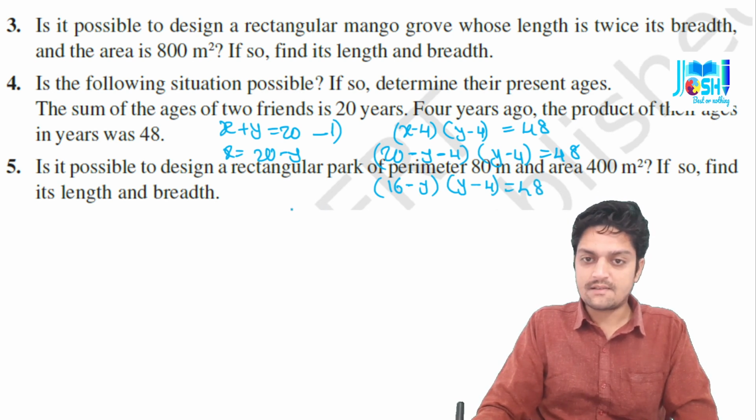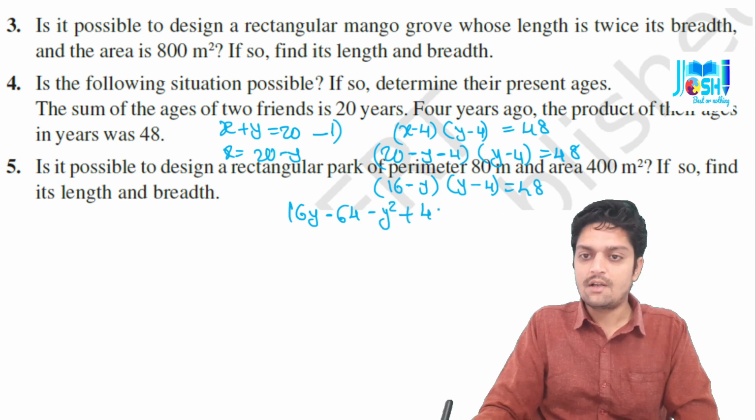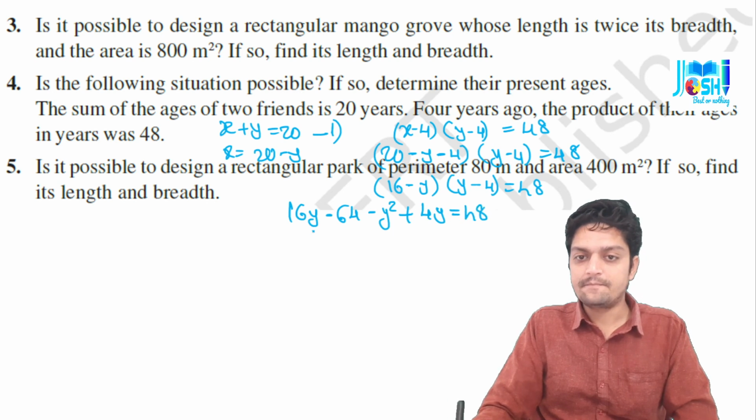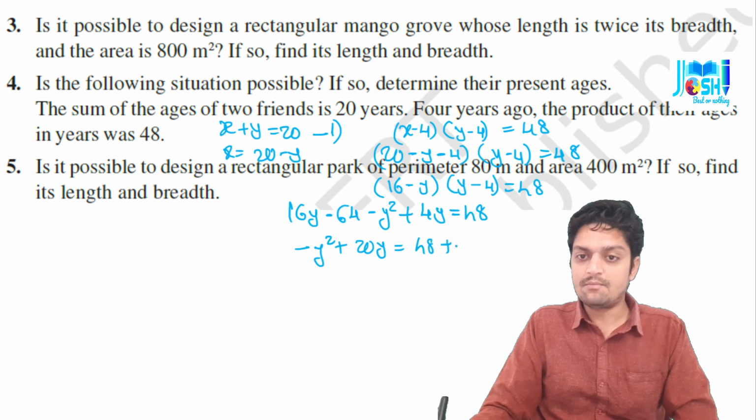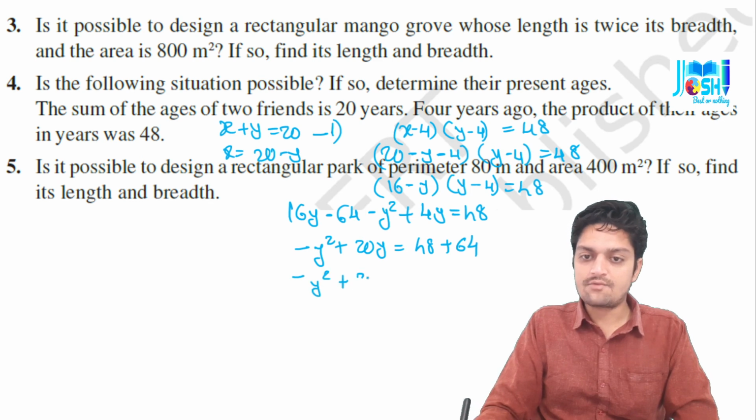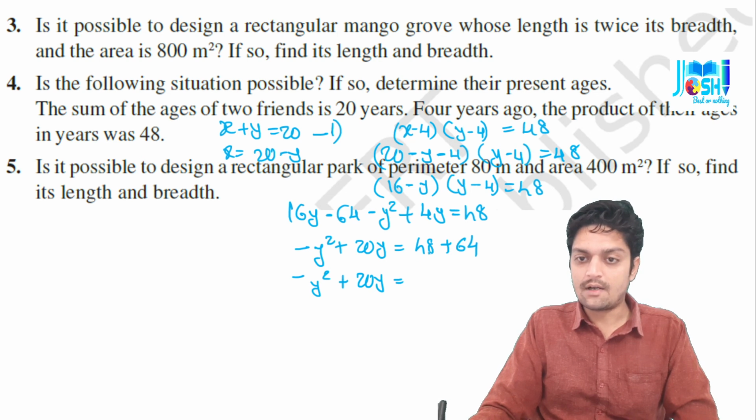If you expand this, 16y minus 64 minus y square plus 4y is equal to 48. Then minus y square, 16y plus 4y, so plus 20y is equal to 48 plus 64, since the 64 becomes positive. So minus y square plus 20y is equal to 112.